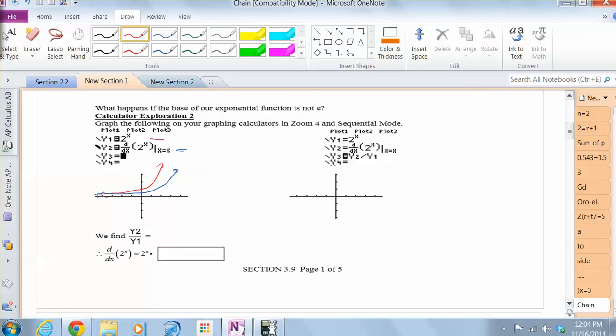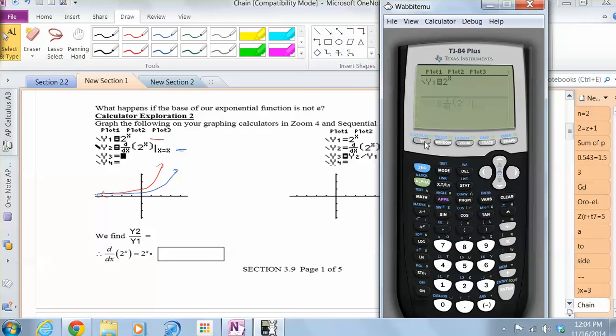If I go back to y equals, and under y3, I do y2 divided by y1, so y2 divided by alpha trace. Alpha trace is how you can call up any equation you stored under y1, y2, or anything under y equals. And let me turn off the first two graphs, just so we don't see them.